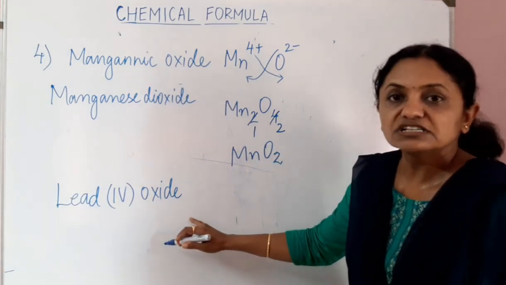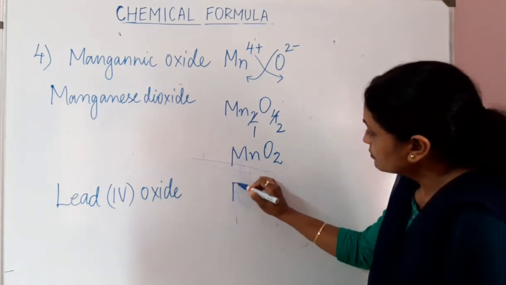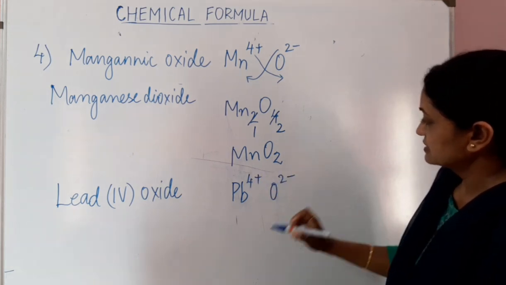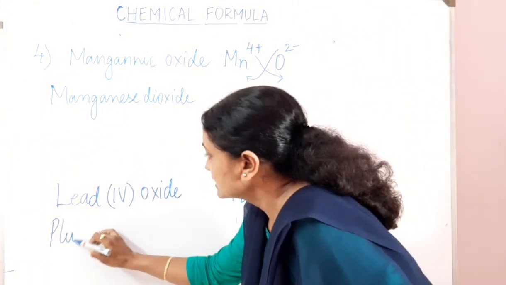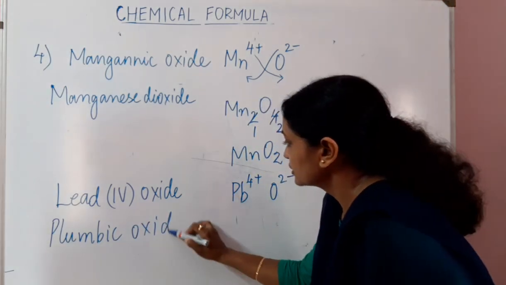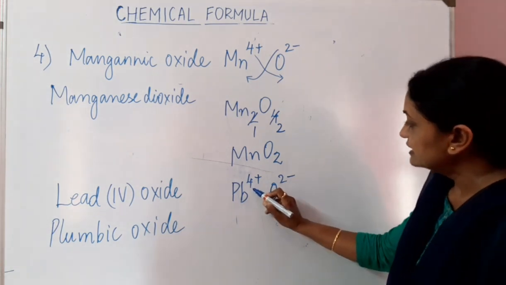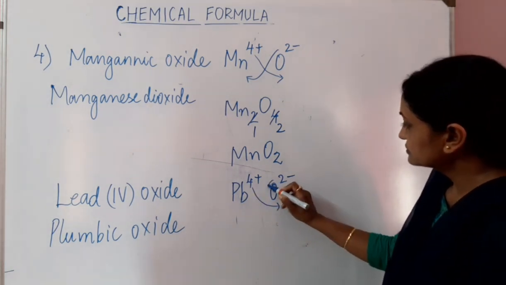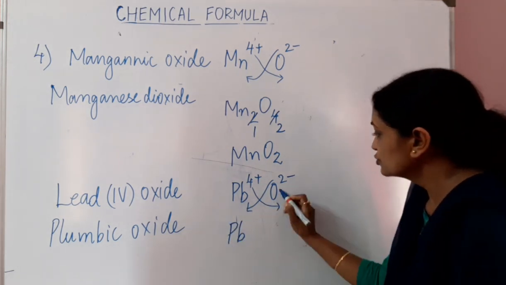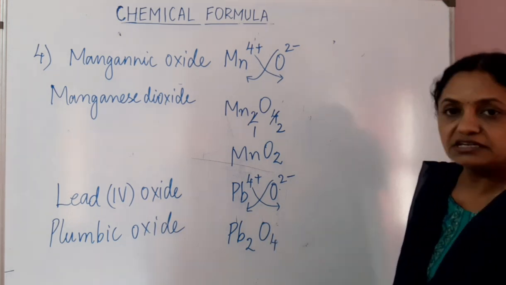The next example is lead 4 oxide, also called lead dioxide or plumbic oxide. Plumbic is Pb 4 plus and oxide is O 2 minus. Again we interchange the superscripts and write them as subscripts. Pb gets 2 and oxygen gets 4.